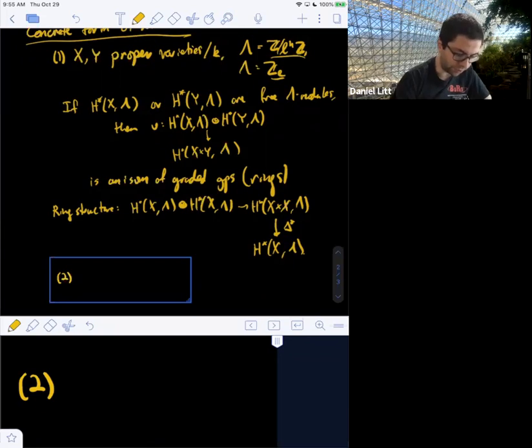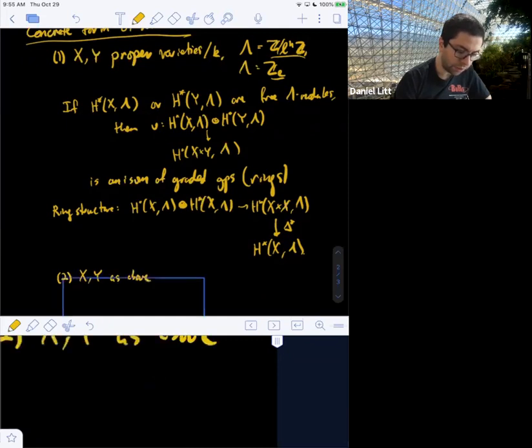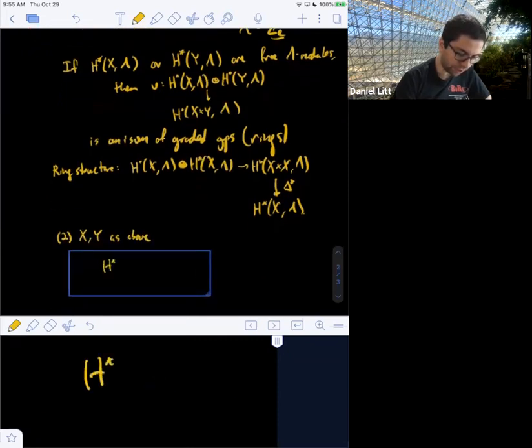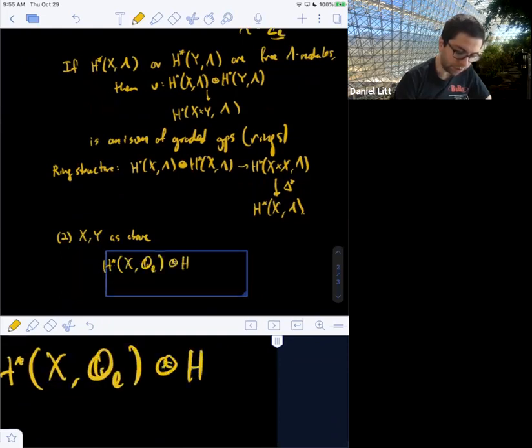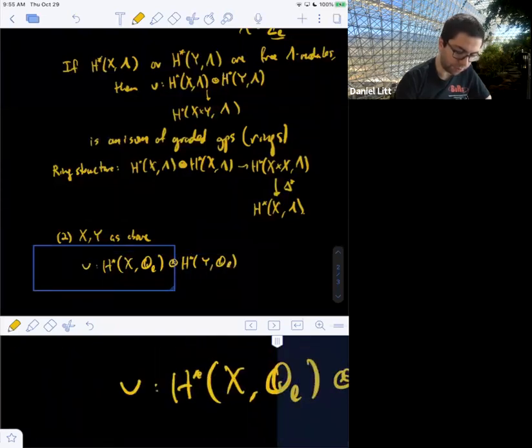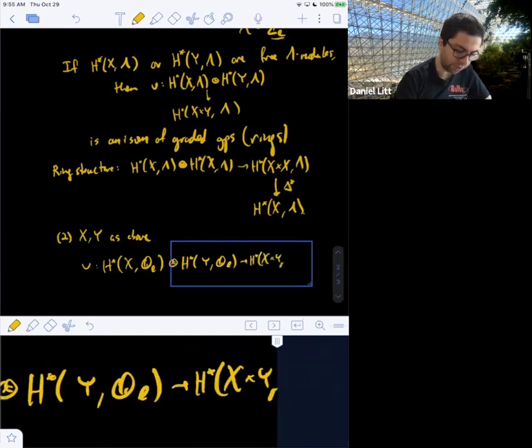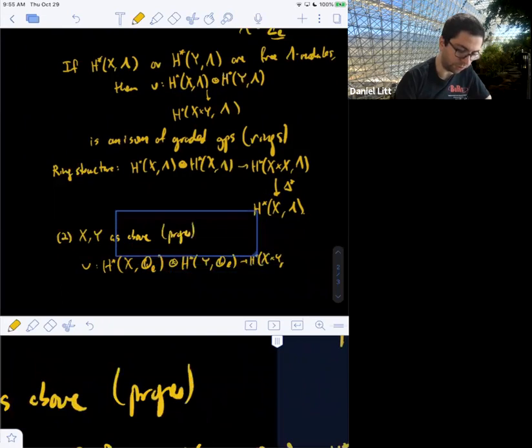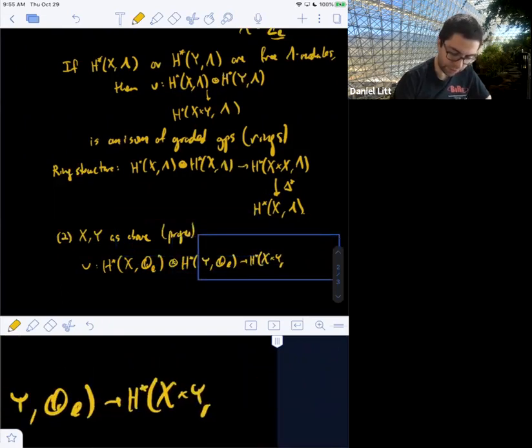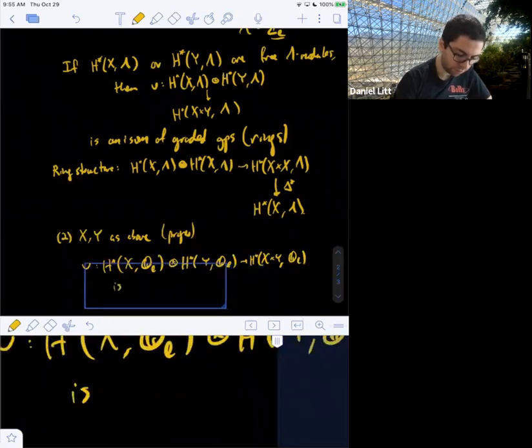So the statement again is, if X, Y are as above, so if they're proper, then H^*(X, Q_L) tensored with H^*(Y, Q_L), via the cup product map, to H^*(X times Y, Q_L) is an isomorphism of graded rings. As above just means proper, by the way, so no assumption on freeness now.